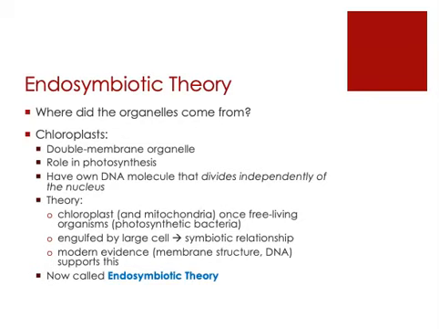The other really unusual thing about chloroplasts and mitochondria is that they have their own DNA. There's a small length of DNA found in chloroplasts and found in mitochondria that is separate from the DNA that's found in the nucleus of eukaryotic cells. And if you watch this DNA molecule through the life of the cell, it divides independently of the nucleus.